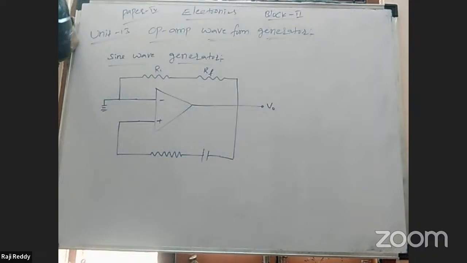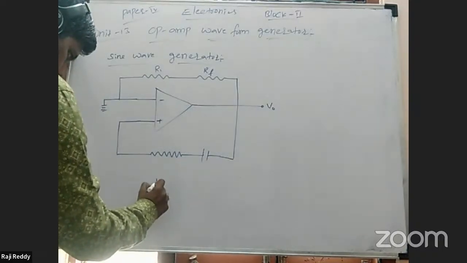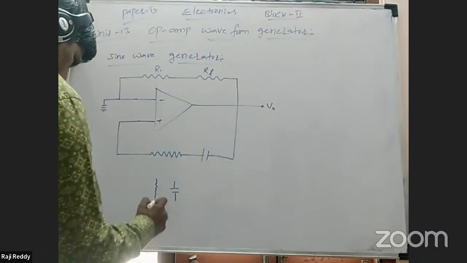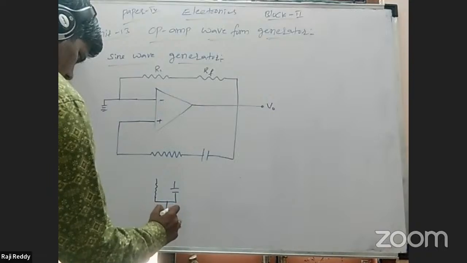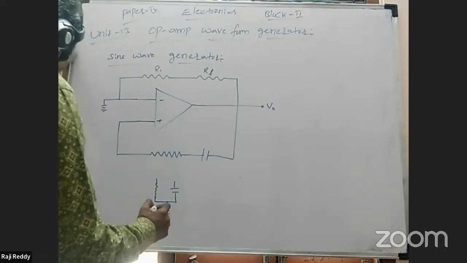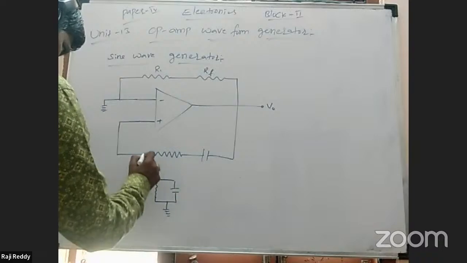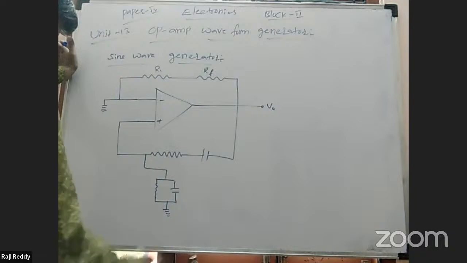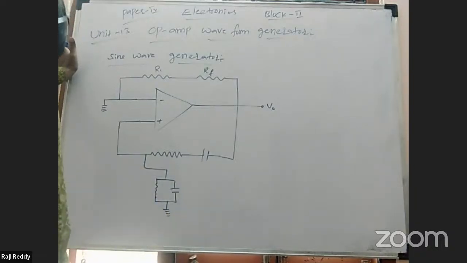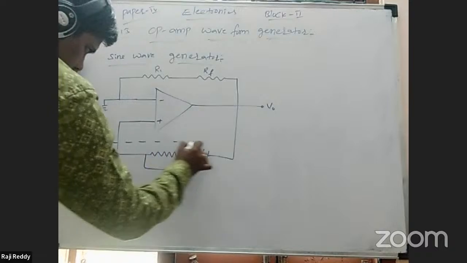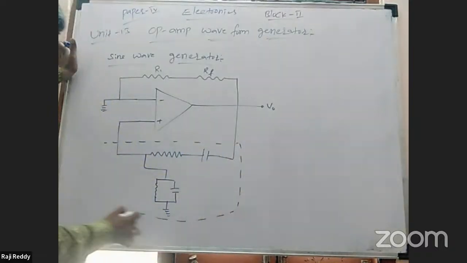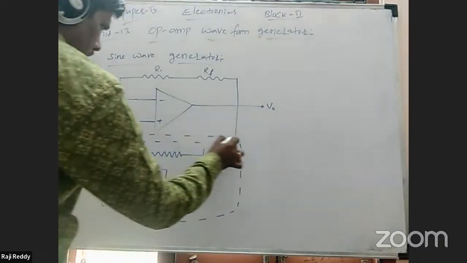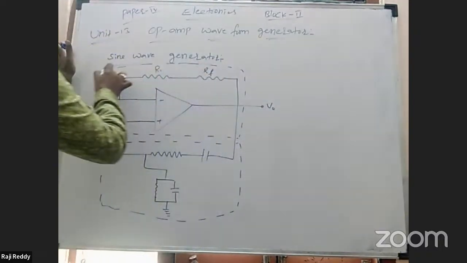Additionally, we can take one resistor and capacitor connected in parallel, with terminals connected to the ground. This part is the feedback part. This upper part is the operational amplifier part.